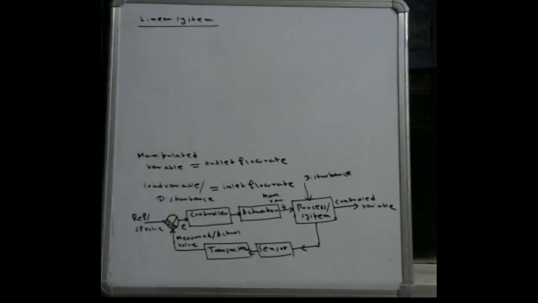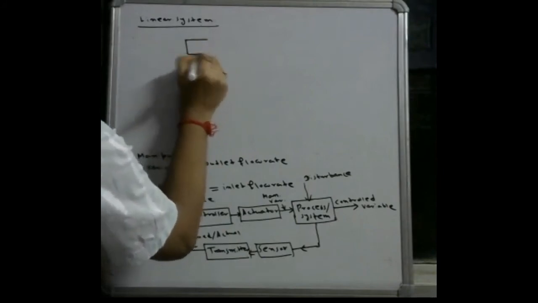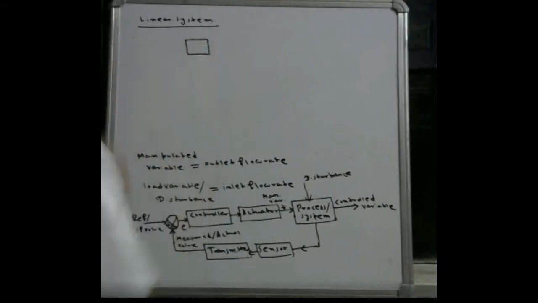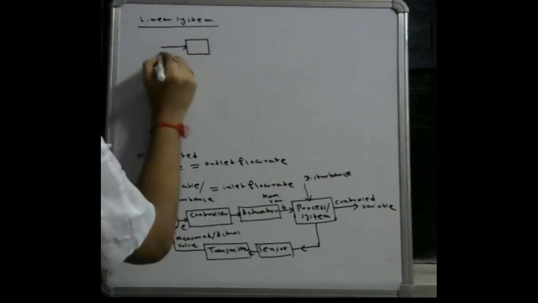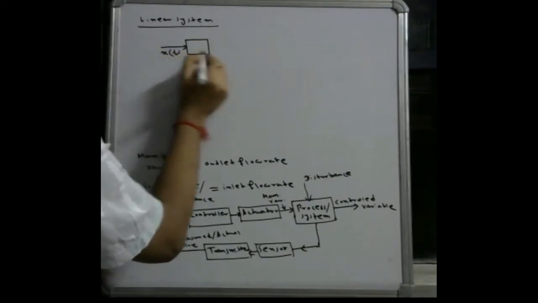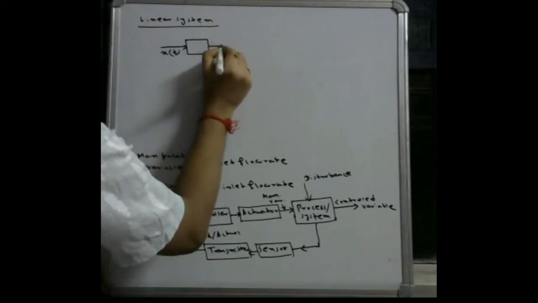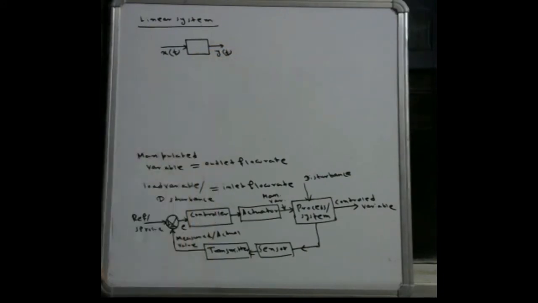Linear system. So what is this? If we have a system, we don't know what is inside the system. This one is a black box. Input is x(t) and output is y(t). This one is a system.